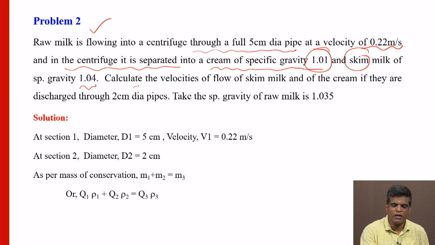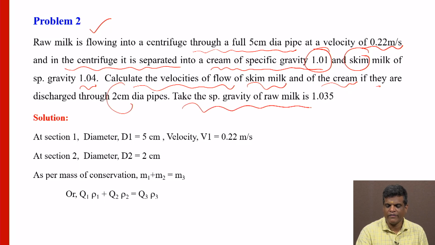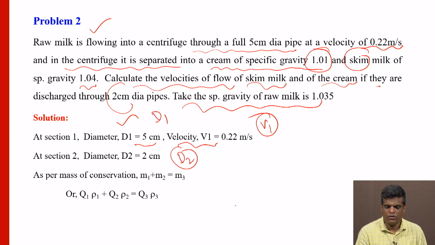Calculate the velocity of flow of the skim milk and the cream if they are discharged through 2 centimeter diameter pipes. The specific gravity of raw milk is also given. The diameter d1 is 5 centimeter, with velocity v1. The same way for d2, the diameter is already given, but we do not know the value of v2.